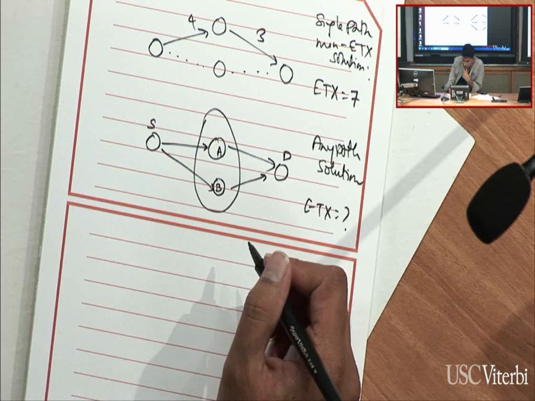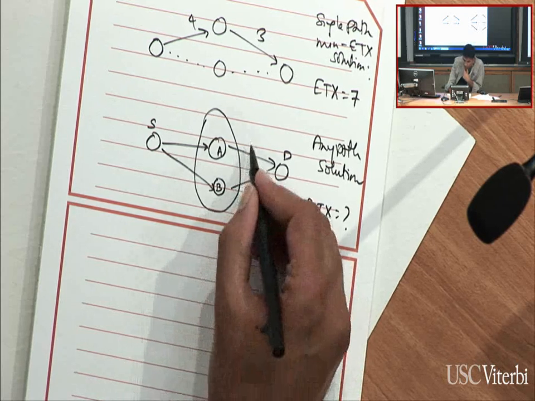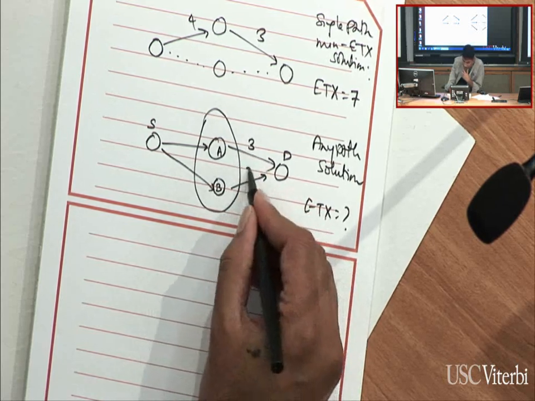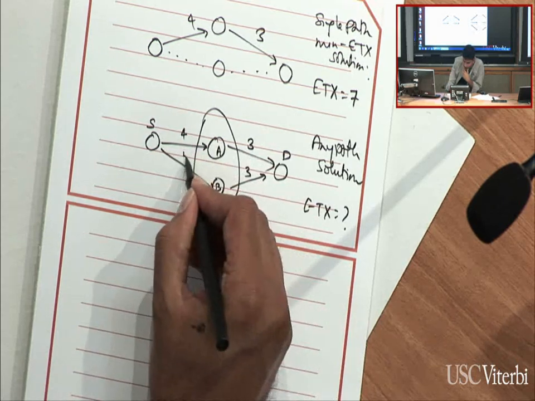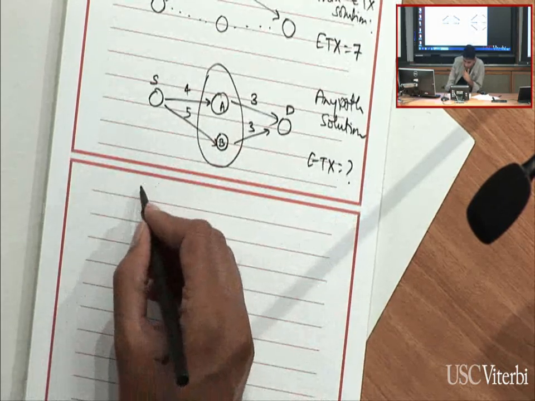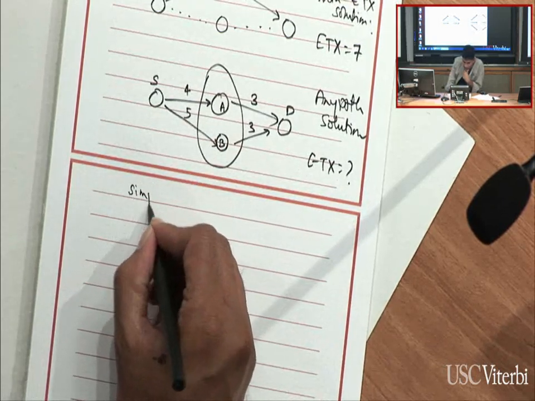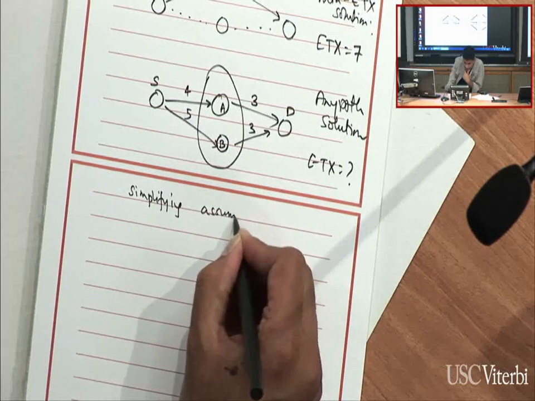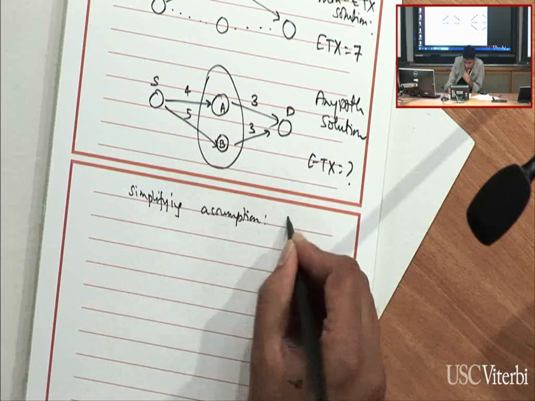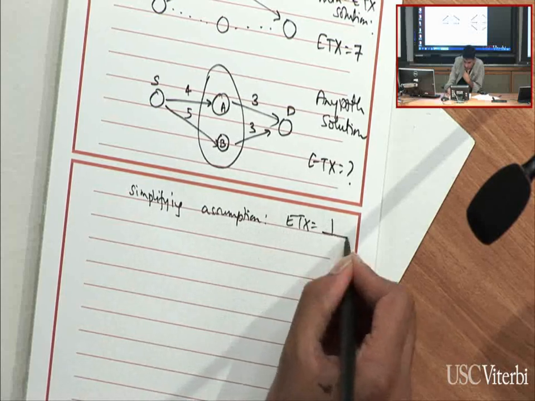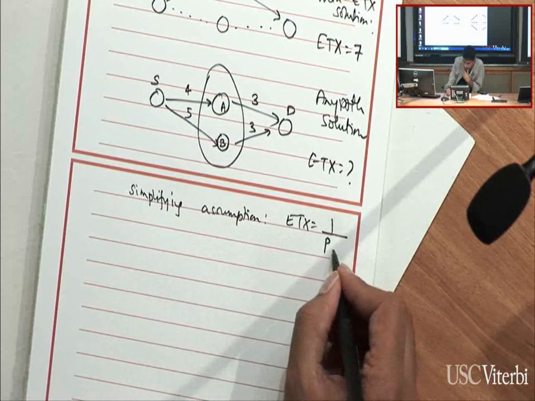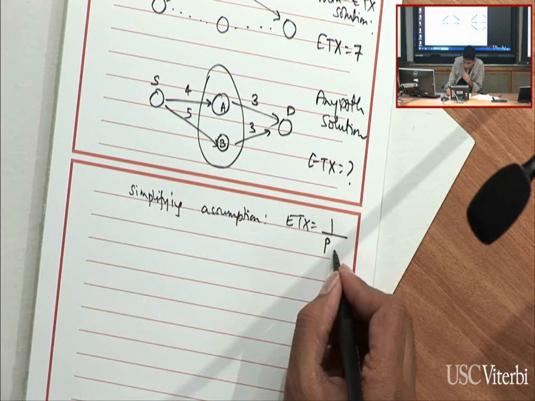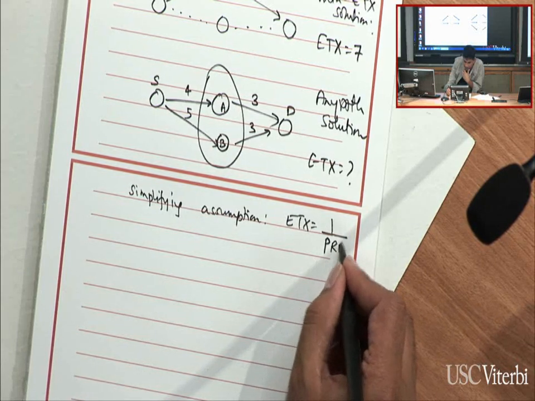And in this example, they labeled these ETX values as follows. For now, we're just going to make a simplifying assumption, just for our calculation purposes, that the ETX equals 1 over the probability of reception, or PRR.